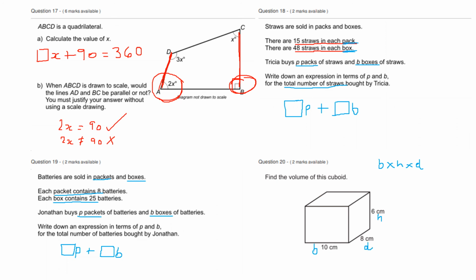You just times them together, and of course you're going to be doing centimetres times by another centimetre times by another centimetre. Your answer is going to be in centimetres cubed.